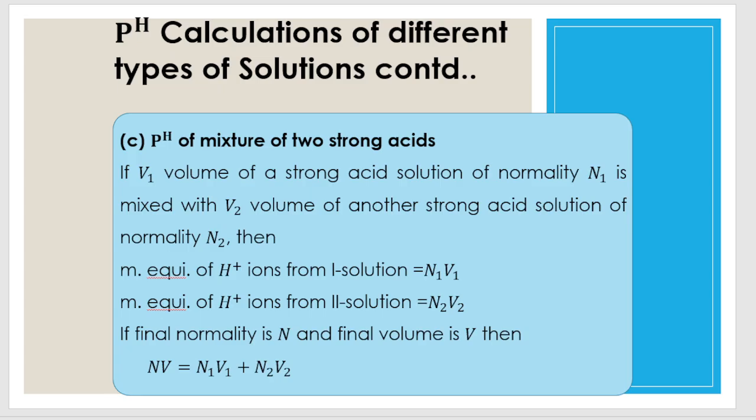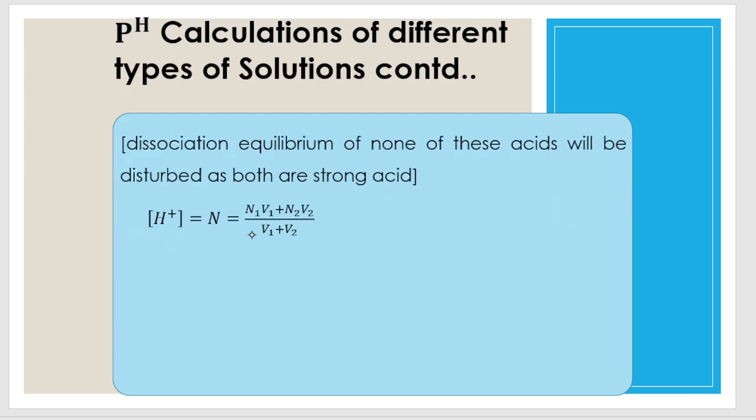If the solutions have the same nature, the resultant will be the addition of those moles. So the resultant equivalents, N into V, are nothing but N1V1 plus N2V2. In that case, the H plus ion concentration will be N1V1 plus N2V2 by V1 plus V2.